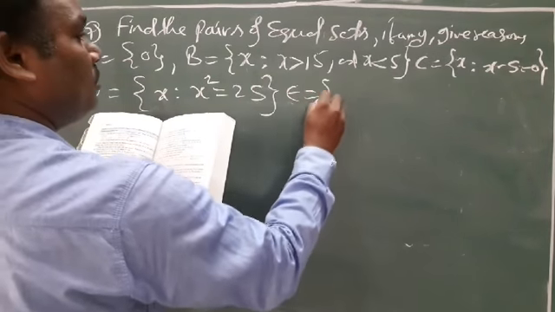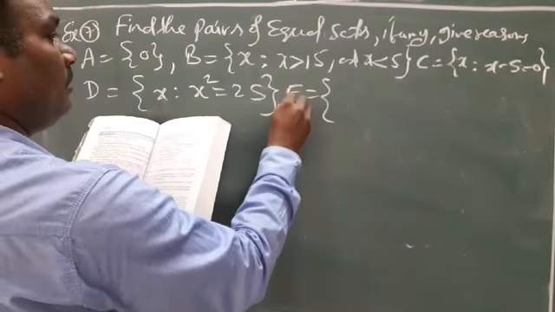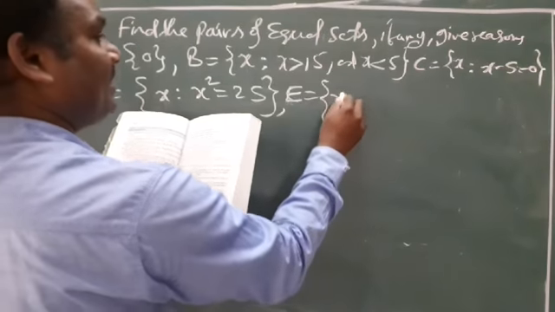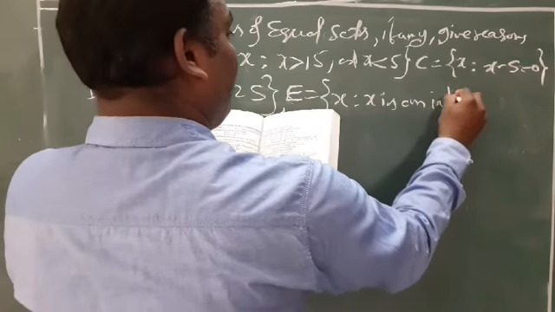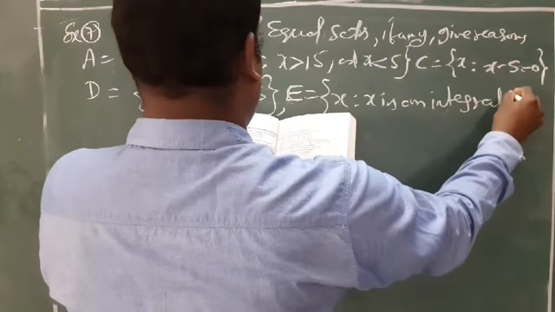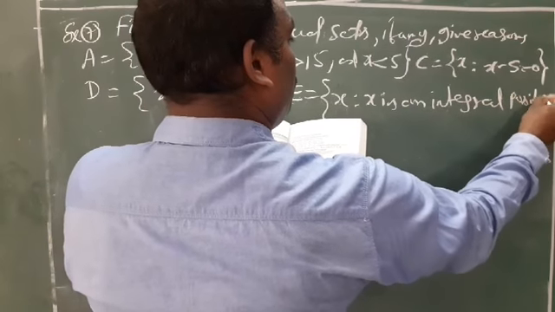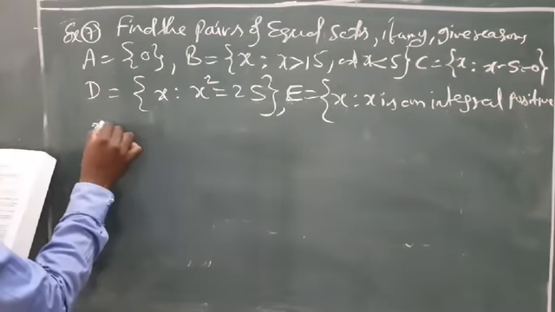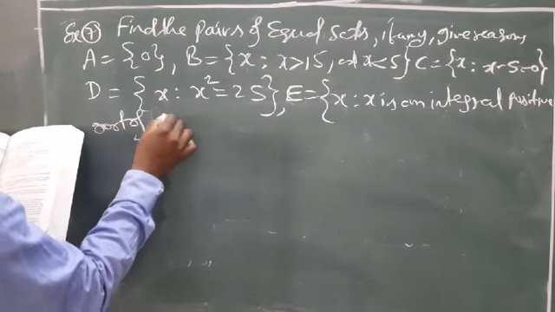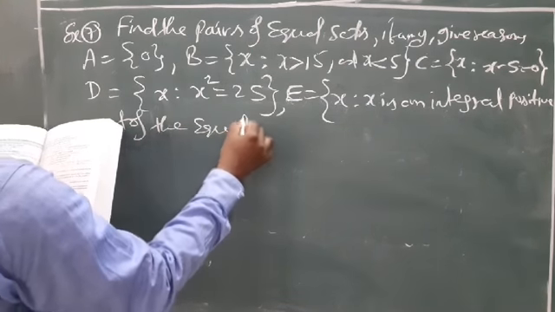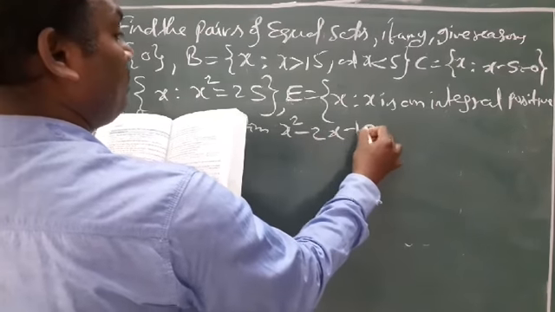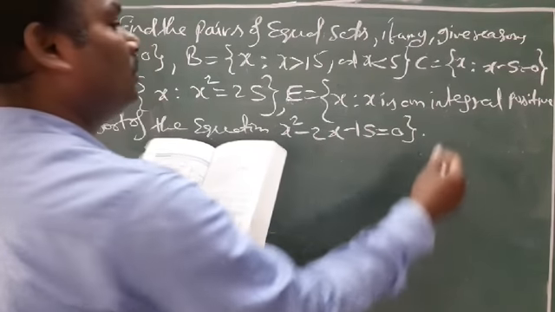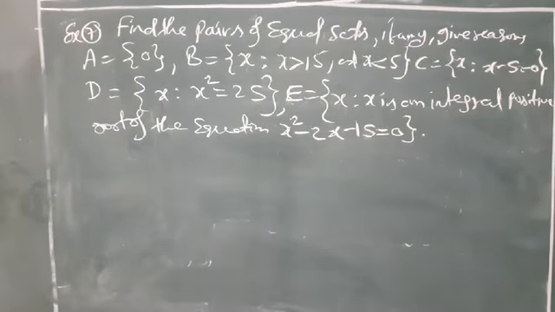E is equal to the set of x such that x is an integral positive root of the equation x squared minus 2x minus 15 equals 0. This is the question.